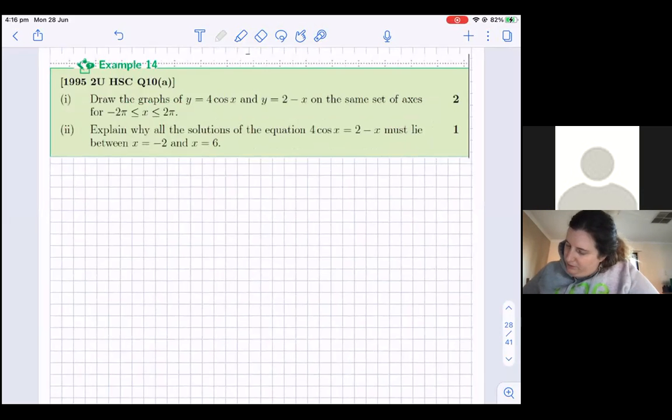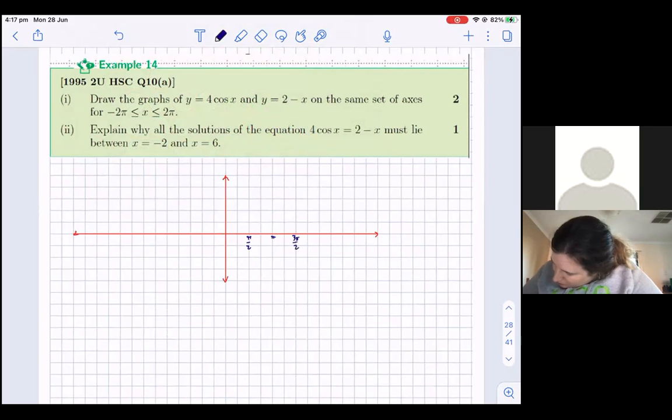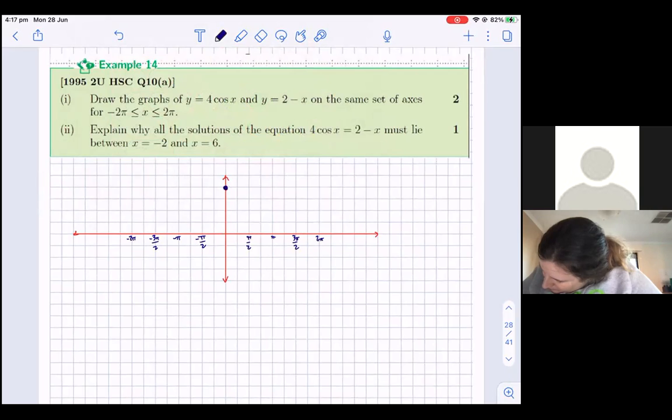This one's a similar kind of deal. So let's do pi on 2, pi, 3 pi on 2, 2 pi, negative pi on 2, negative pi, negative 3 pi on 2, negative 2 pi. It's cos 4, 0, negative 4, 0, 4.